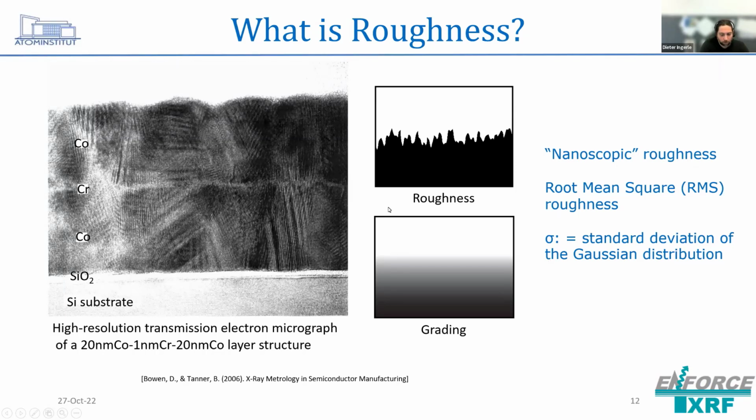Interesting here is that with GIXRF and XRR, we are measuring a relatively large area in square millimeters or even centimeters, depending on the incident beam and the angle, and basically averaging over a large area. So in this case, it's almost indistinguishable between nanoscopic roughness or some actual grading of interfaces.